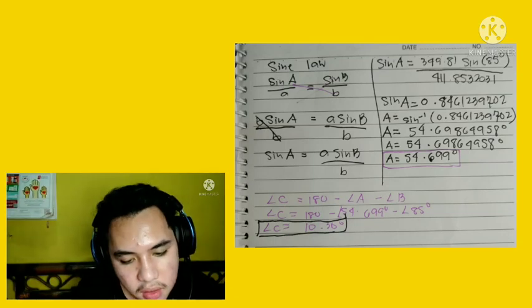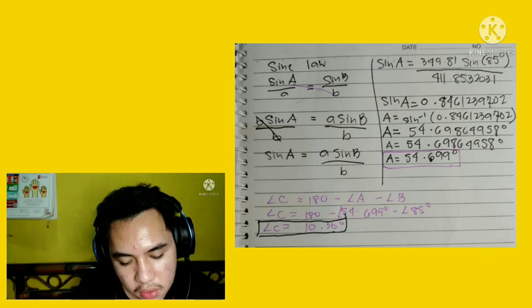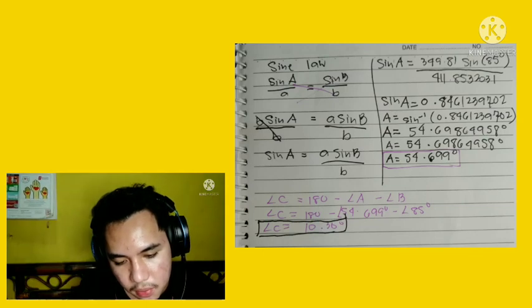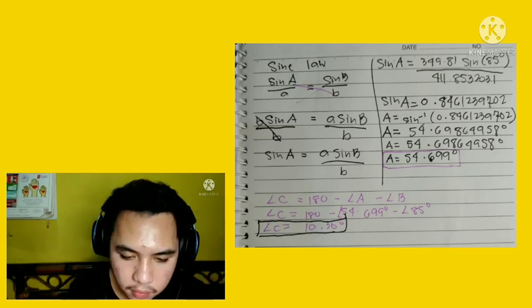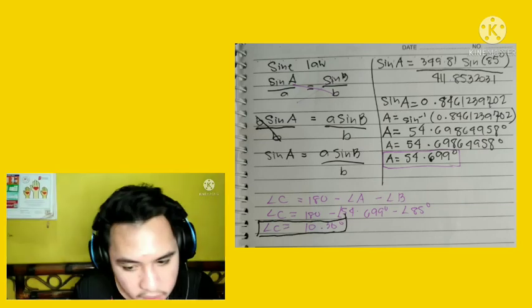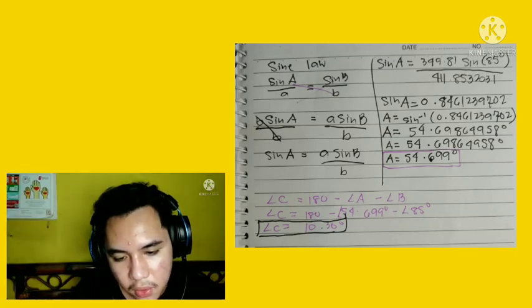Then we use the sine law. So sine a over a is equal to sine b over b. So cross multiply. So we have b sine a is equal to a sine b. So divide both sides by b because we want to get the sine a. So now we have sine a is equal to a sine b over b. So sine a is equal to 349.81 sine 85 degrees over 411.853031.